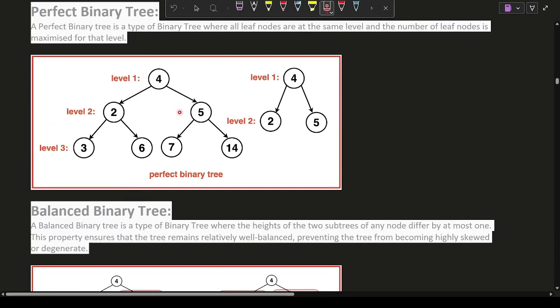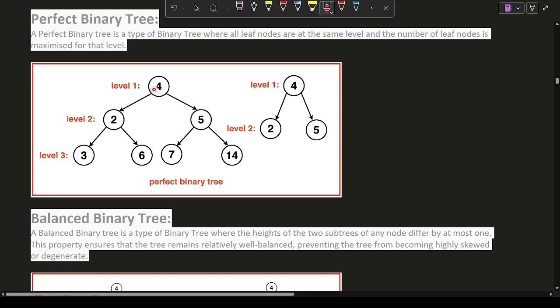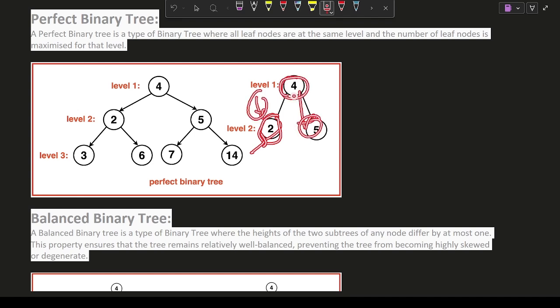Perfect binary tree. The theory definition: a binary tree where all leaf nodes are at the same level and the number of leaf nodes is maximized for that level. Suppose there is one node, so this is level one, and a second level is connected, so this is level two. I have two levels and must maximize the number of leaves. If I connect only one leaf, this is not the maximum, and when I connect two nodes, at one node we are connecting two leaves, that is the maximum.